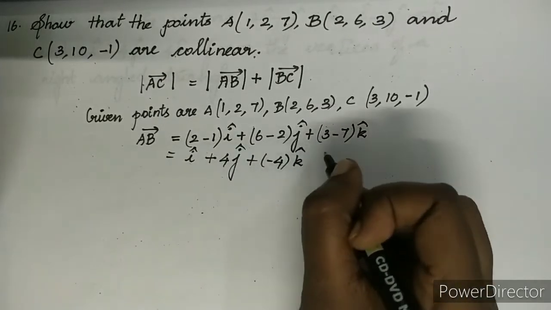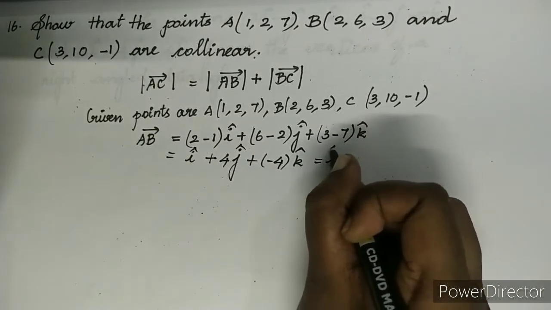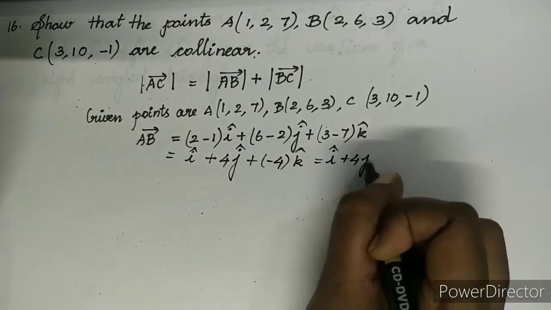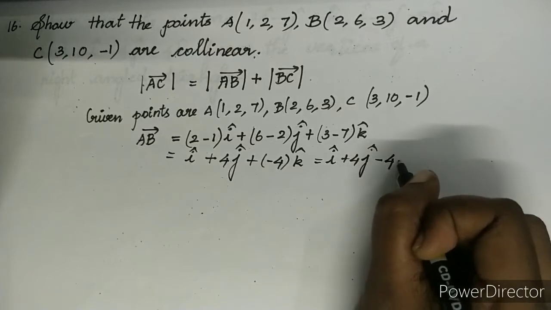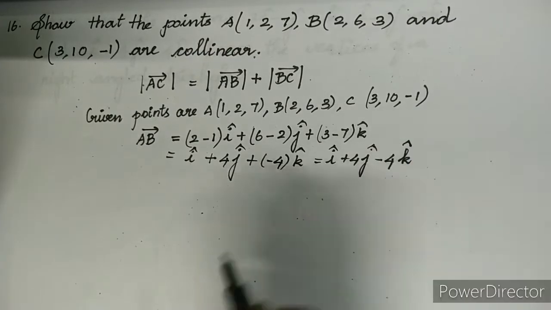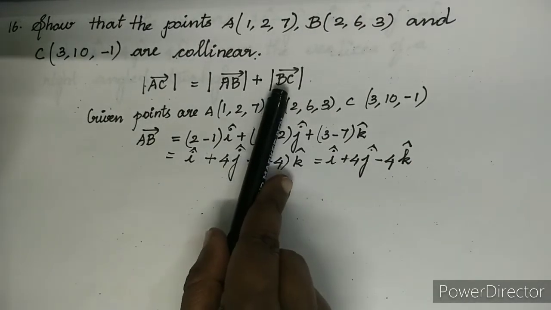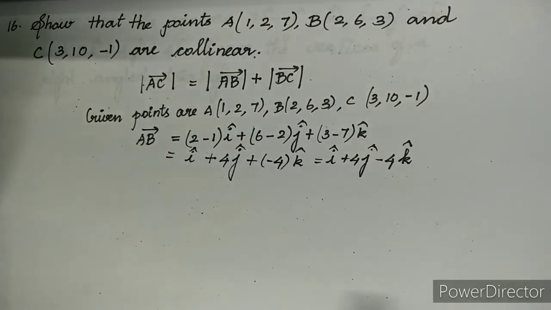You can rewrite this as i cap plus 4 j cap plus into minus minus 4 k cap. Similarly, we will find BC vector and AC vector.